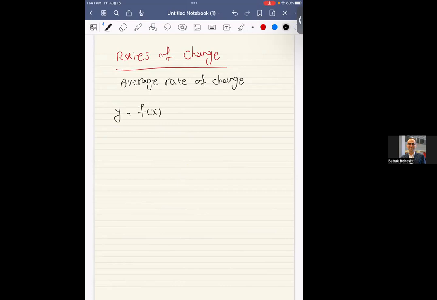So if you have two points like x1 and x2, let's say that y1 is f of x1 and y2 is f of x2.